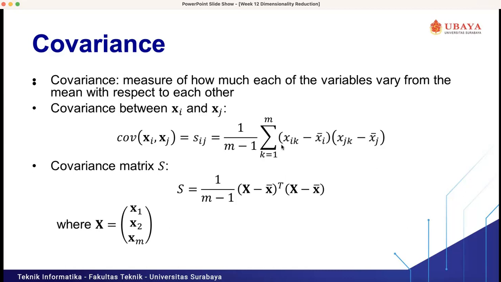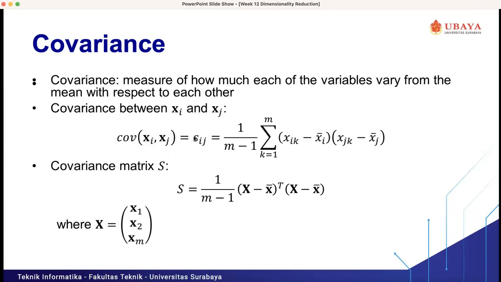Then we calculate all of this, the sum over every observation. Then after that, we divide it by m minus 1. Then we will have the covariance matrix from the features that we have. After this, we will calculate it with an example.